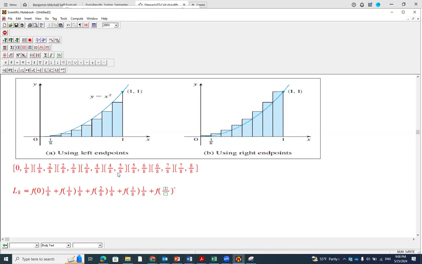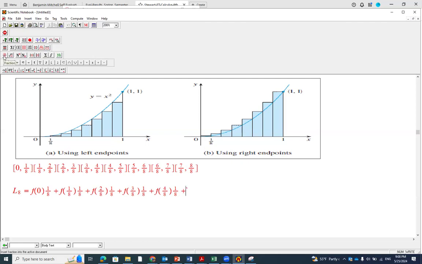Let's see what we're getting. The fifth one, 1, 2, 3, 4, 5: the left endpoint is 4/8, so that's the height of the rectangle, and the width is 1/8. We have 3 more to go.